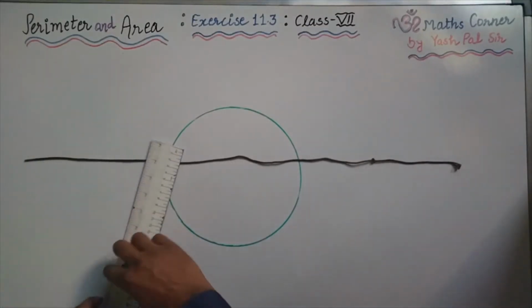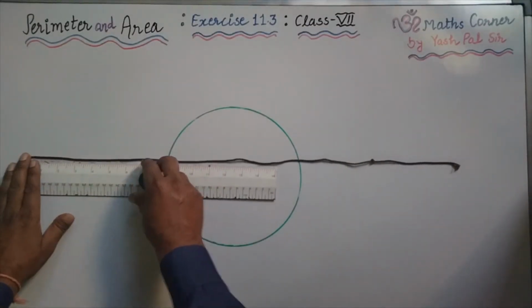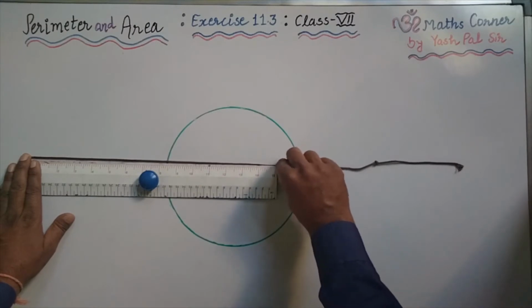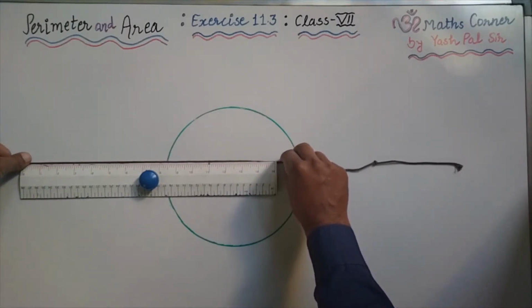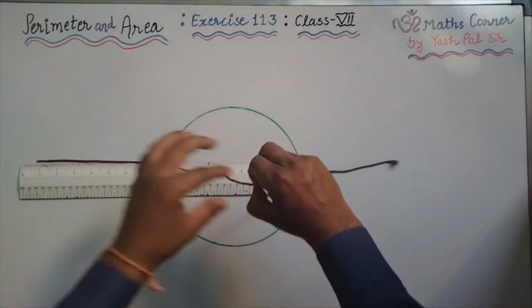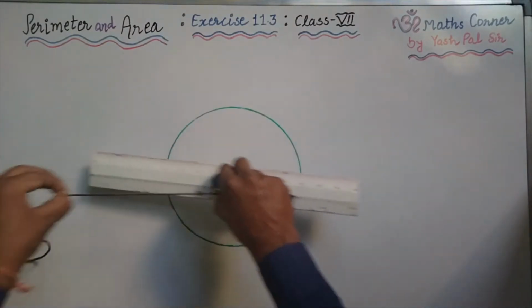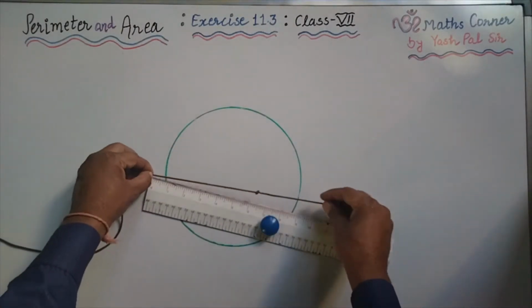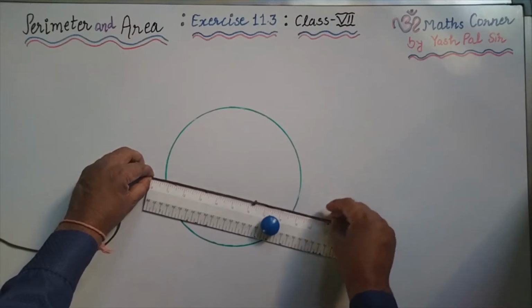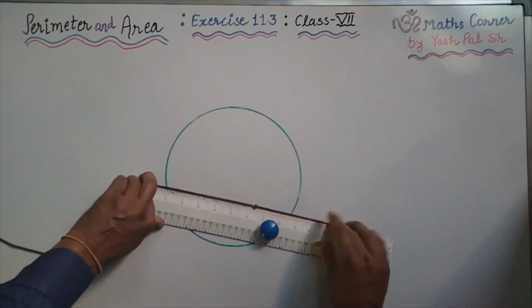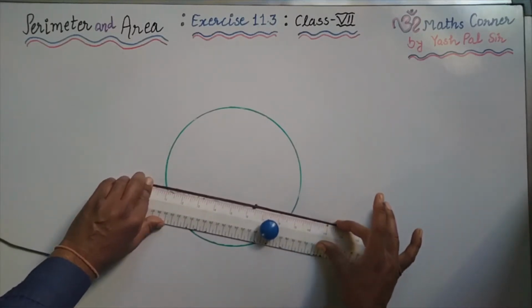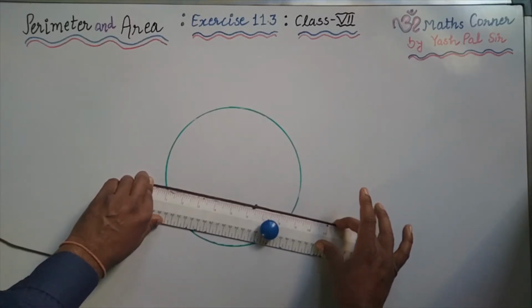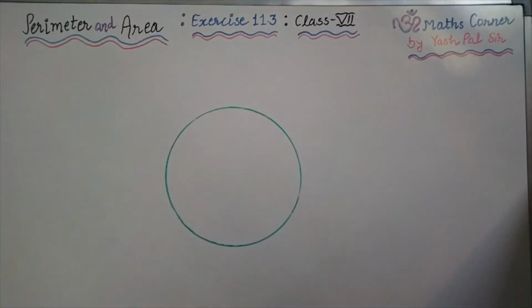This is 15 centimeter up to here. After 15 centimeter, the next part is about 12, so 15 plus 12, 27.